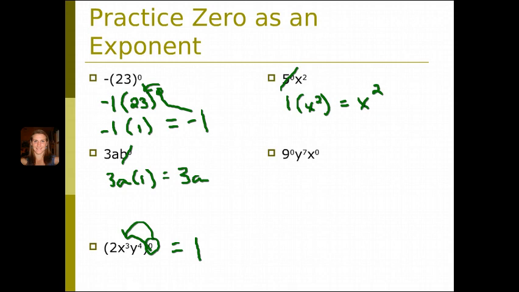So 9 to the 0 power is 1 times y to the 7th, and then x to the 0 power is also 1. So our final answer would simply be y to the 7th power.